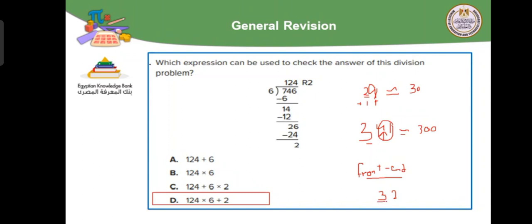Which is the highest place value, the ones or the tens? The tens. And I also look at the number previous: rich or poor? Poor. Okay? In front end the easiest way is to look at the greatest place value and write its value. So by front end it will be 30.